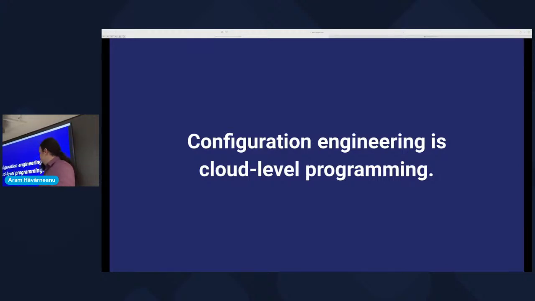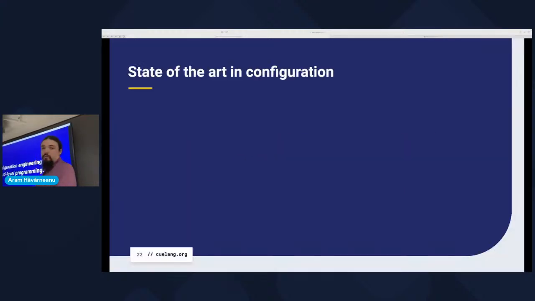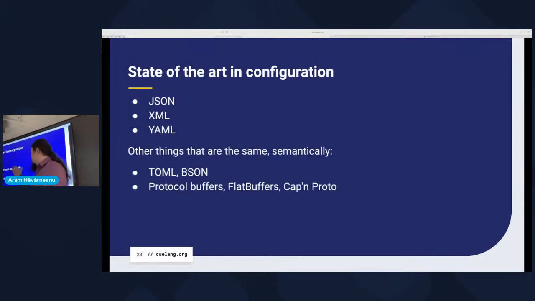So are we well prepared on a technological or theoretical level to deal with configuration? What's the state of configuration today? Well, it's this. Pretty much all of it. That's it. We have other things that are quite similar to JSON, XML, and YAML, but semantically they're quite similar.